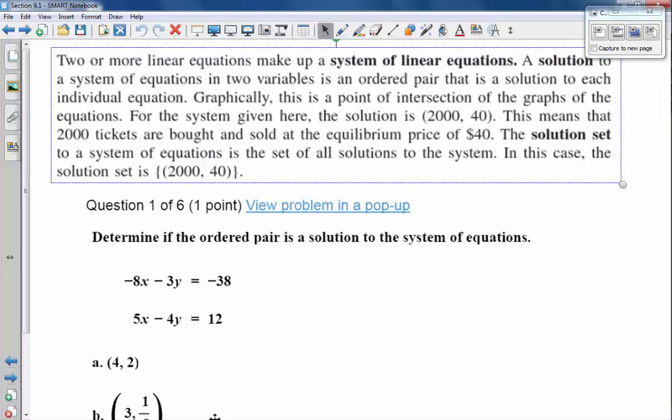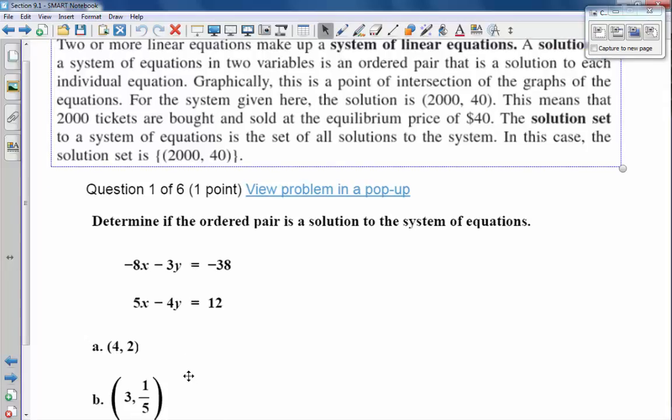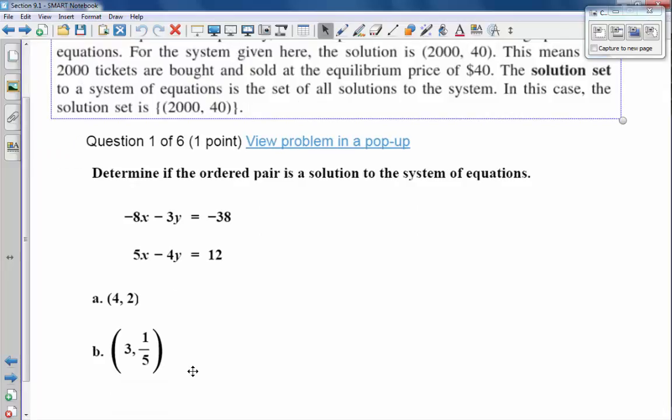Here is your first question. Don't worry, you're not starting to solve them yet. First, I'm going to teach you, if somebody tells you (4, 2) is a solution to these equations, or (3, 1/5) is a solution to these equations, how can you test if this person is telling the truth?